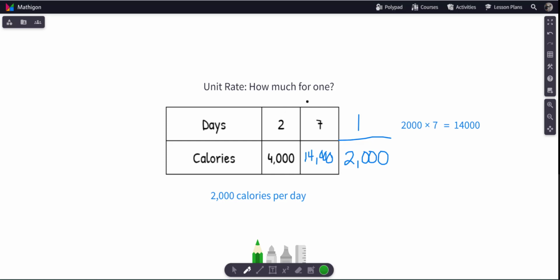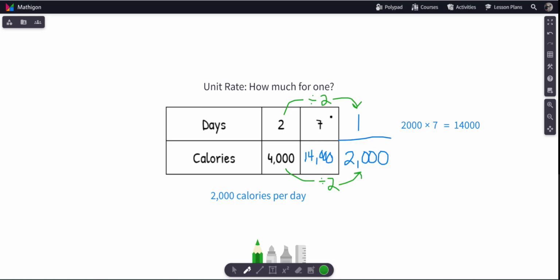But 2 divided by 2 is 1. 4,000 divided by 2 is 2,000. So if 2 days is 4,000, then 1 day is going to be 2,000.